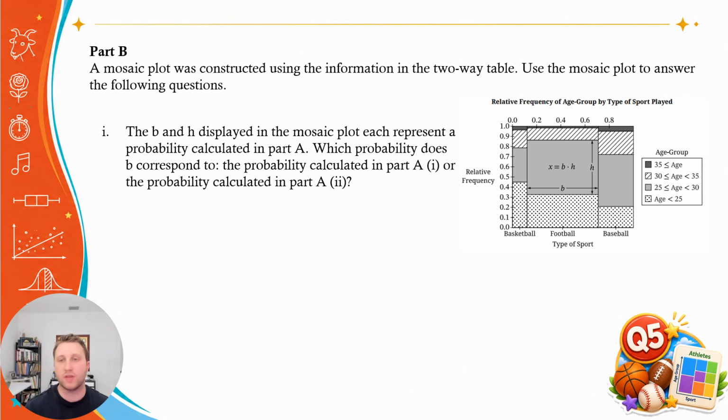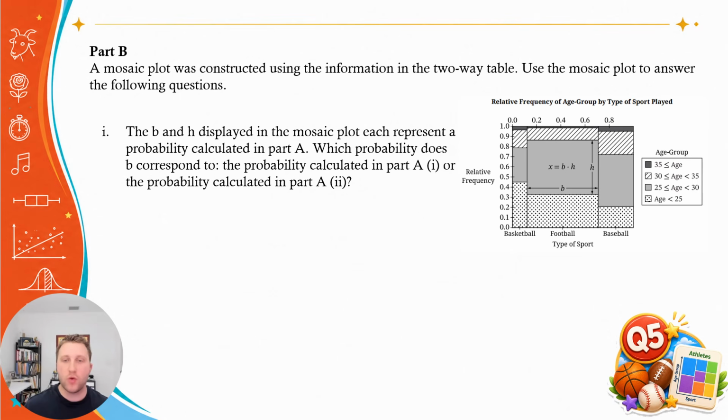So in our case, we can see there were a lot more football players than baseball players or basketball players, and specifically within each sport, we can see the percentage that come from each of the age groups.